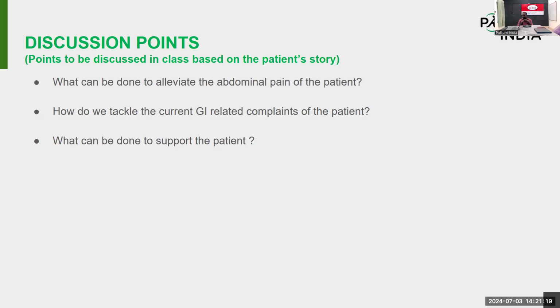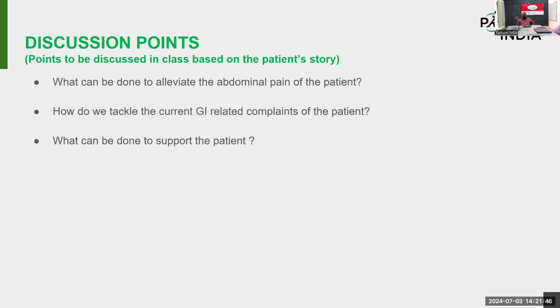Okay. So once we diagnose intestinal obstruction, then we have to see whether this patient has abdominal pain or does not have abdominal pain, because management usually includes steroids.